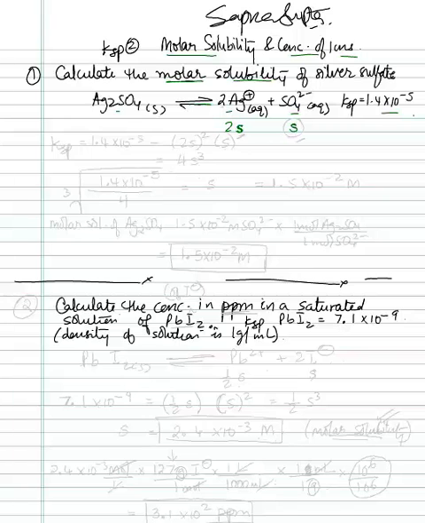So there are 2S, or 2 ions, for silver and 1 of sulfate, because that's what we're going to set up in our Ksp equation. So Ksp, which is equal to 1.4 times 10 to the negative 5, is equal to, for silver, 2S, but that's also squared because you have 2 of those, and then sulfate, which is S. That is your equilibrium expression, and this is equal to 4S cubed once you open up the brackets.